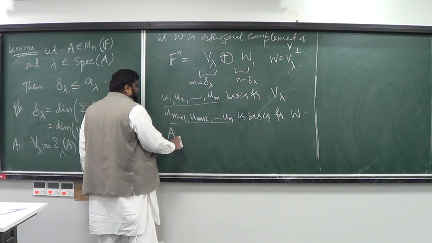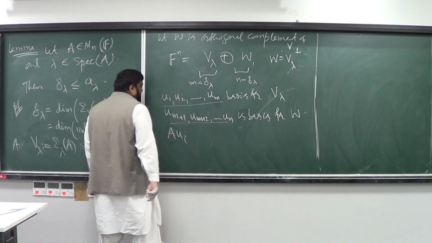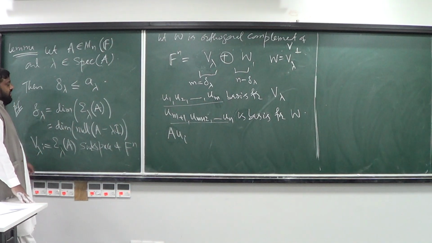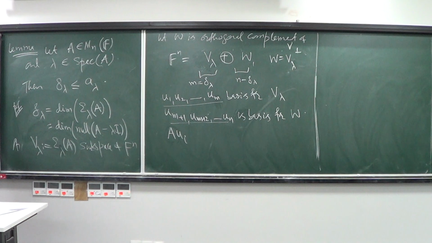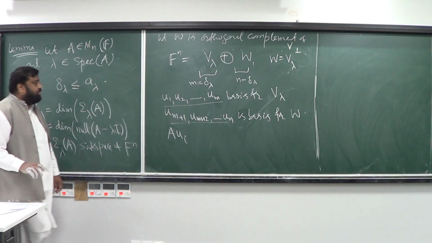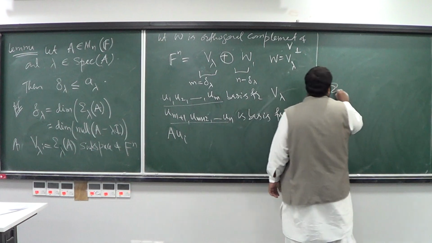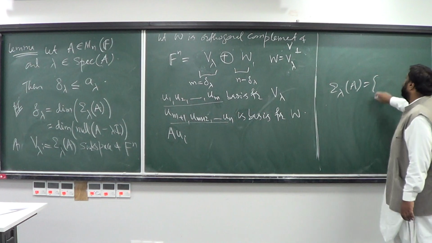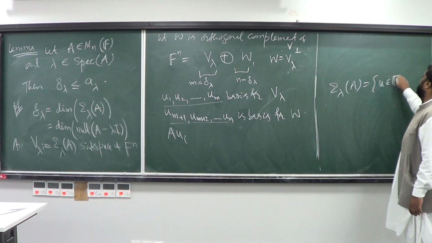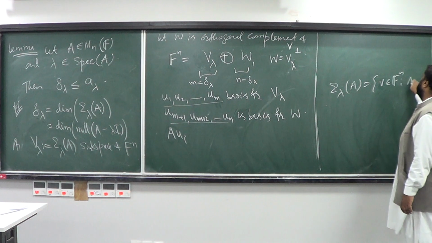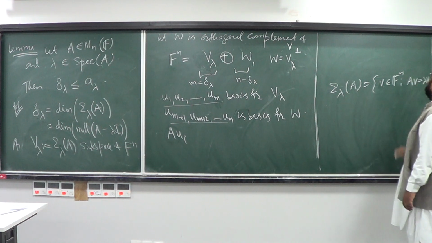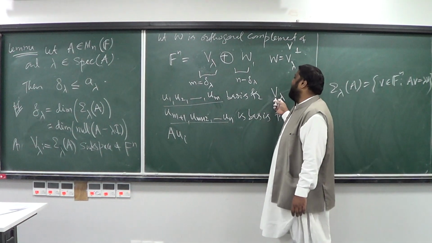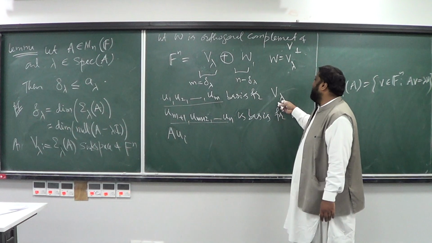So for example, if you take A and operate it on Ui, and Ui is an element of the eigenspace of lambda. By the way, what is the explicit definition of the eigenspace of matrix A? It's a collection of the vectors V from F^n such that AV equals lambda V. Now the Ui are a basis for V lambda.